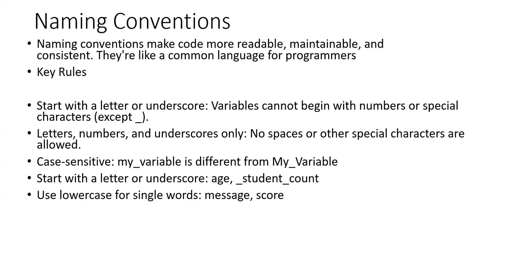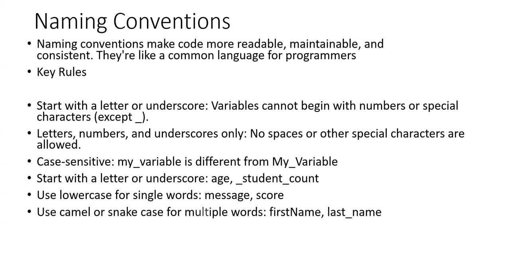Good. What is another common convention? If your variable name is a single word, use lowercase. That's a common convention that acts as a guideline for you. And in case your variable name is multiple words, let's say like firstName, lastName, those are multiple words because first is a word and name is another word.